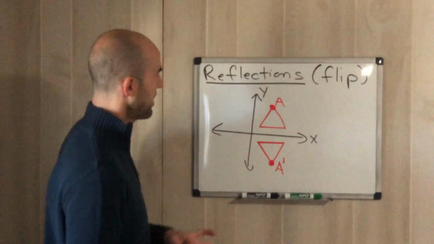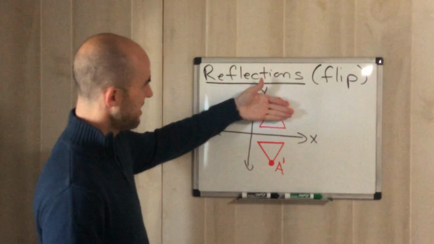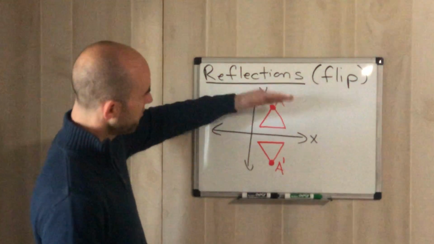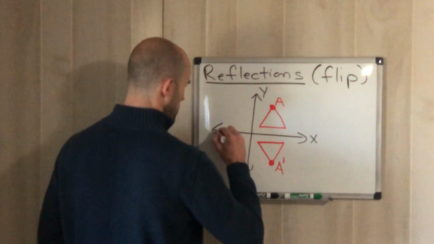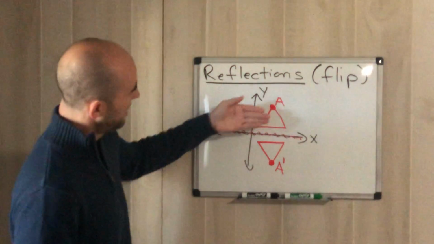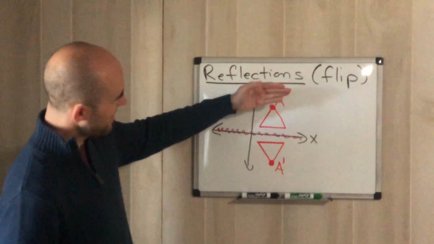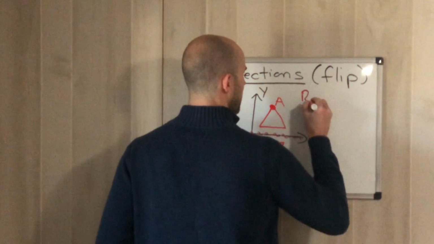Notice that the reflection we just did went from here to there. We literally reflected it over the X-axis, and that's the most important thing we have to start analyzing. When you reflect it over the X-axis, that happens.